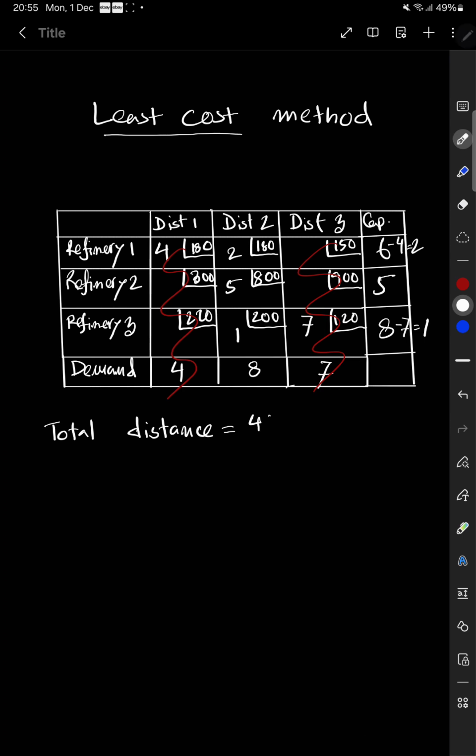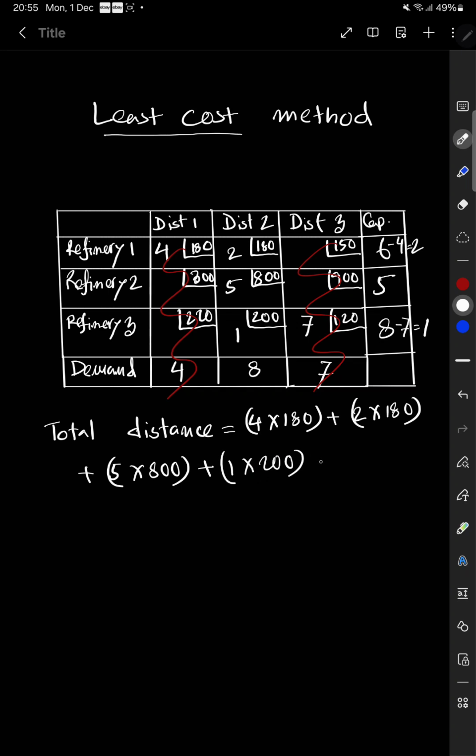So let's do it. 4 times 180 plus 2 times 180, plus nothing here, then 5 times 800, plus 1 times 200, plus 7 times 120. So let's get the total distance.